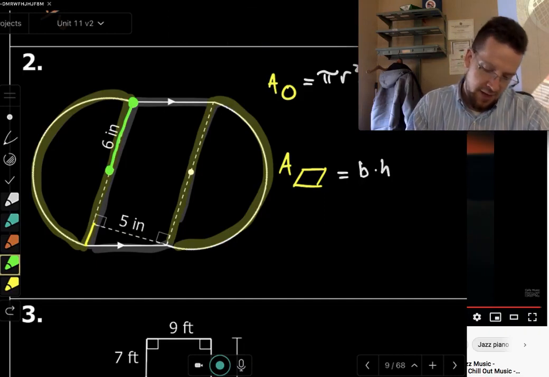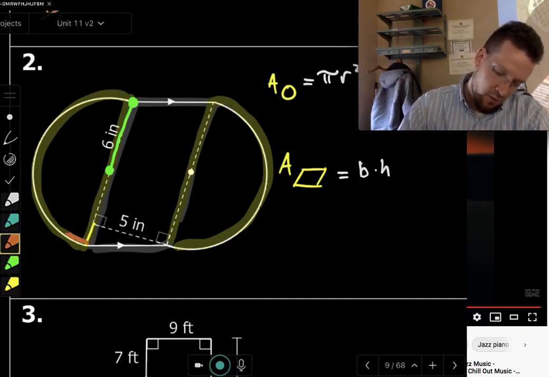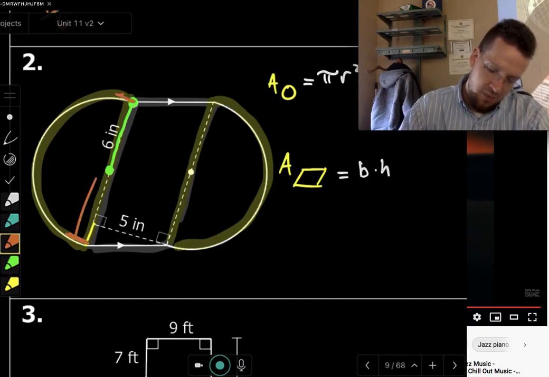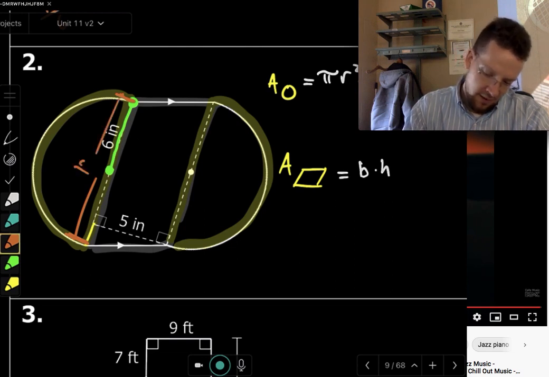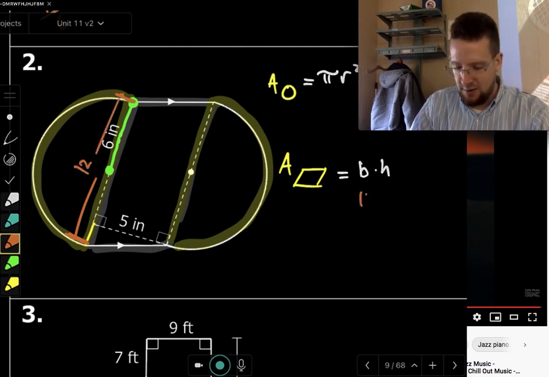But notice that if that's the radius of the circle, then the diameter would have to be 12, right? So then this whole piece has to be 12, and that is our base of the parallelogram.